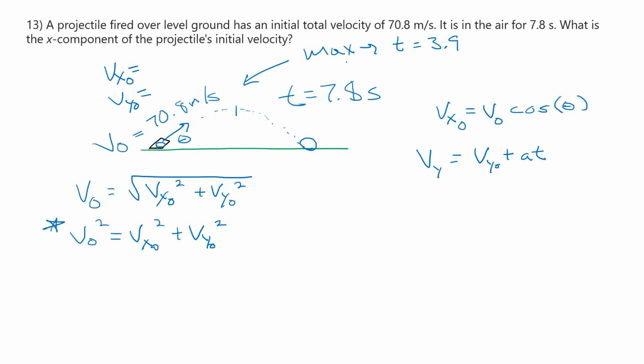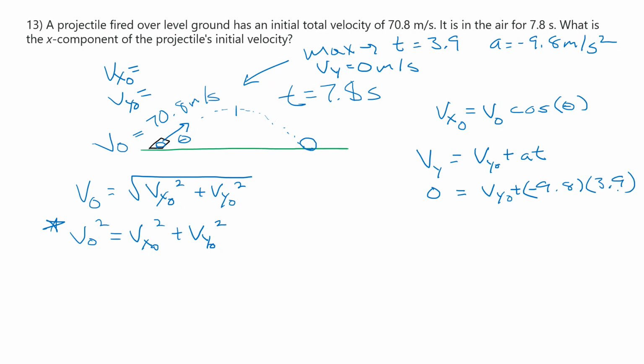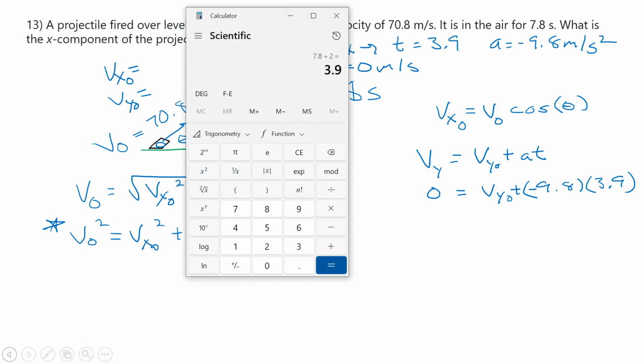Well, we know that at the maximum height, v sub y, the final velocity is 0, right? So this becomes 0. We don't know what this is. That's what we're trying to solve. Plus the acceleration due to gravity is equal to 9.8 meters per second squared, right? So that's technically negative 9.8 times the time, which is 3.9. Okay. So let's do that on our calculator.